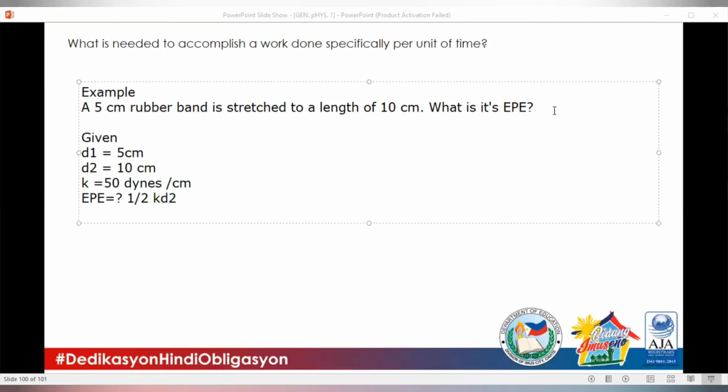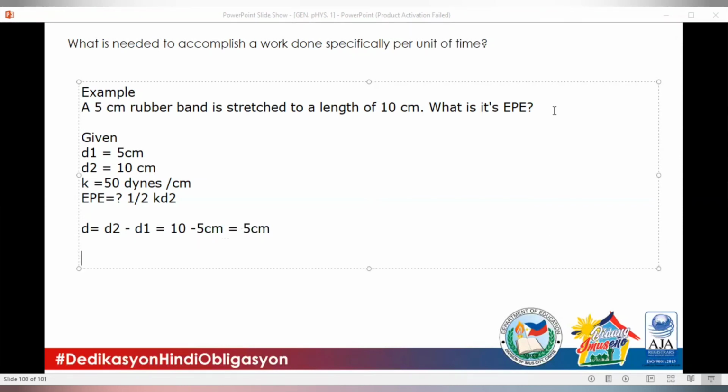By substitution, at first, we need to derive first our displacement. You have two displacement. We will get our D by getting its D is equals to D sub 2 minus D sub 1, which is equal to 10 minus 5 cm is equal to 5 cm.